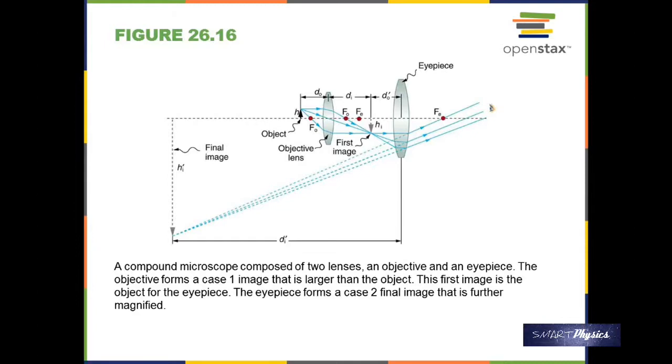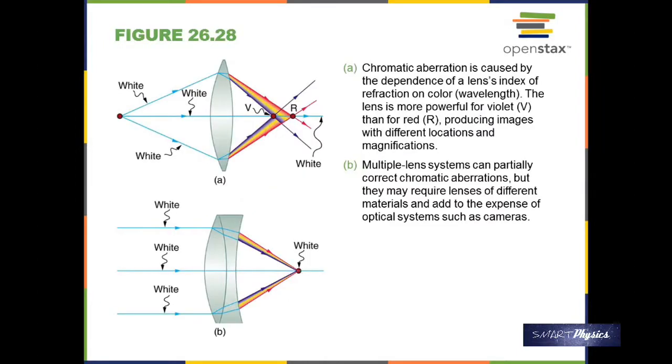Let's say the objective magnifies it 4 times and the eyepiece magnifies it 5 times. So what's the total magnification? 20. It's not 9, it's 20. So the total magnification is not the sum, but the product. That should make sense because magnification is a ratio. See that? So remember that always. Conceptual question. Be careful there. So that's about the microscope.